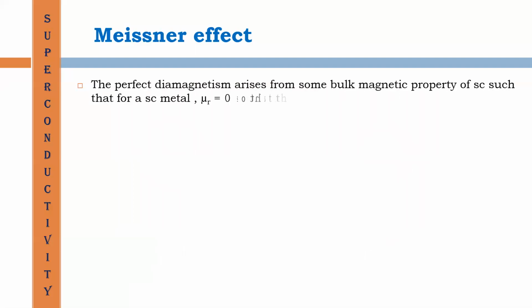Another explanation of the Meissner effect is that the perfect diamagnetism arises from some bulk magnetic property of the superconductor, such that for a superconducting metal mu r, the relative permeability, is 0, so that the magnetic flux density in the superconductor is equal to 0.